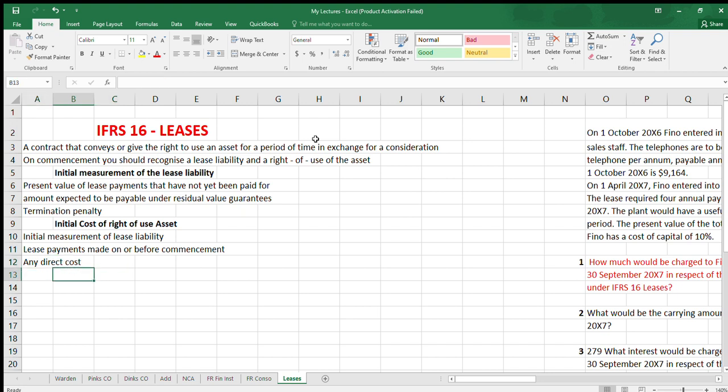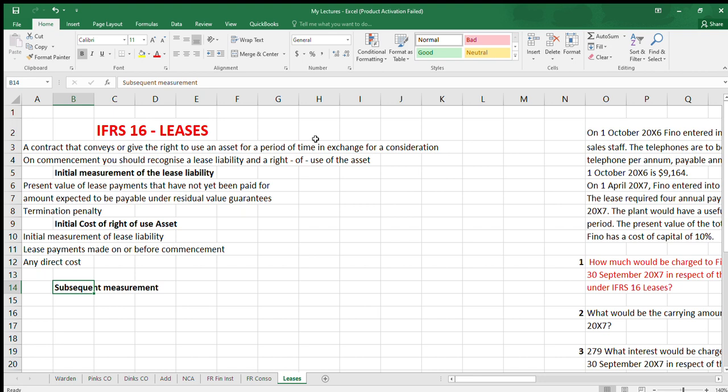Now let me go to the main problem of students. That's student problem. Subsequent measurement.